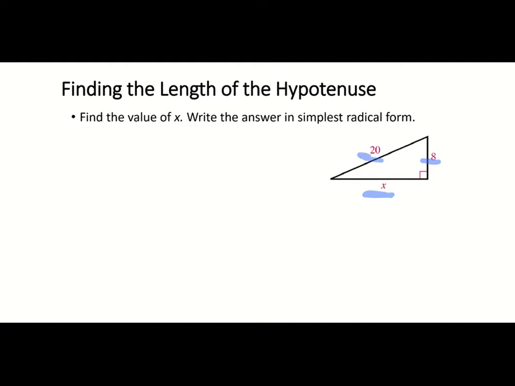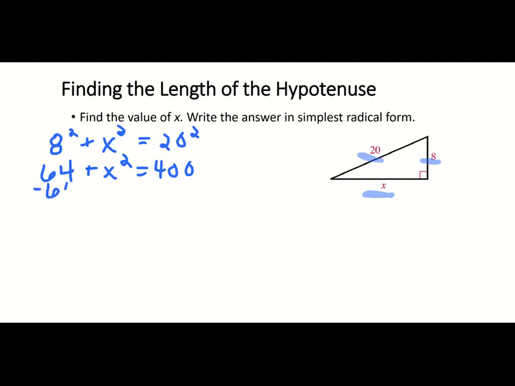So when I go to plug this into my Pythagorean theorem, I can do 8 squared plus x squared is equal to 20 squared. 8 squared we know is 64. 64 plus x squared is equal to 400. I will subtract 64 from both sides because I got to solve for x. So now I have x squared is equal to 336.